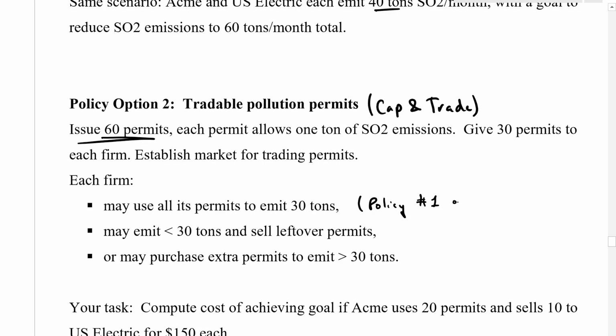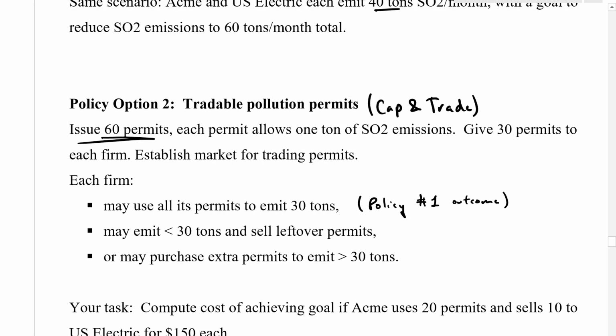That's what we just calculated. But it's also possible to emit less than 30 tons, and then you can sell your other permits, or you can purchase other permits in order to emit more than 30 tons. And that's kind of what's going to happen here.